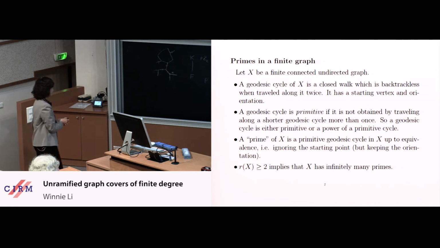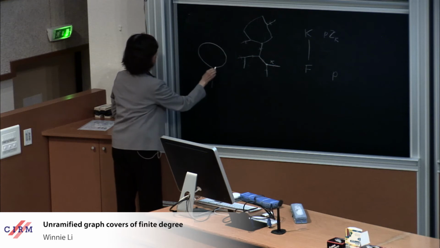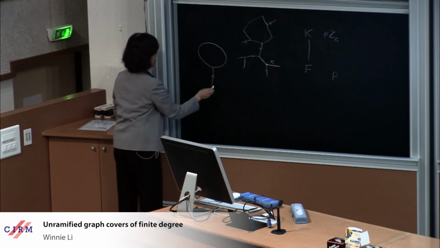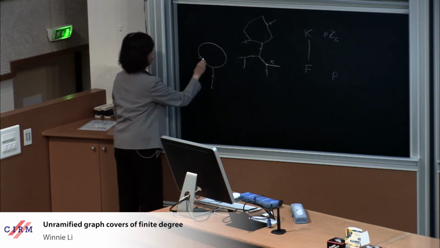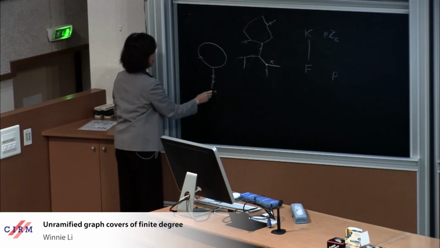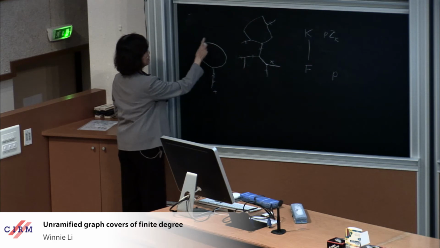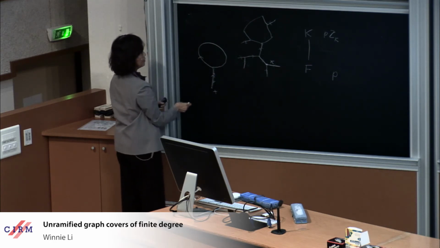And well, to avoid the special kind of walk which looks like this: if I start from down here, I travel along the loop, then come back. So if I start from the downstairs here, then there's no backtrack. But if I start from any other point, then there will be backtrack. So this is not a standard geodesic cycle you have in mind.